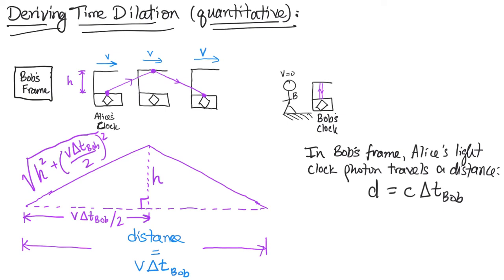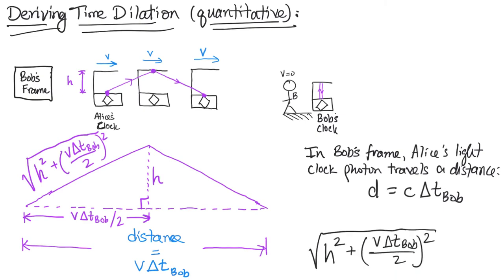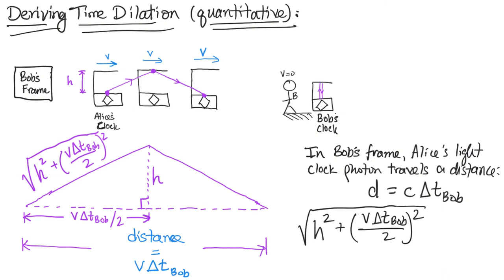So now we have what we need to proceed. We can say that in Bob's frame, Alice's light clock photon travels a path that's this solid purple line, and that distance is going to be equal to c delta t Bob, because the distance traveled by a photon traveling in speed c is always going to be speed times the elapsed time. But we have another way to write that distance. Right? We can write that distance as 2 times this big square root term. Okay, so on the left-hand side of this equation, we bring in the hypotenuse length.